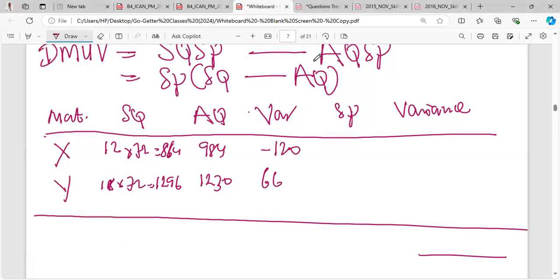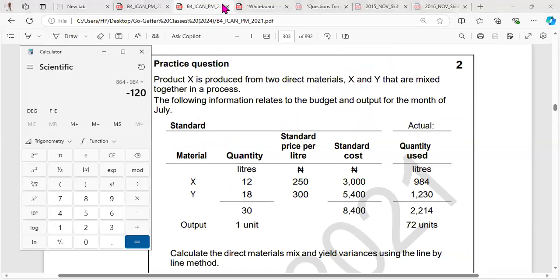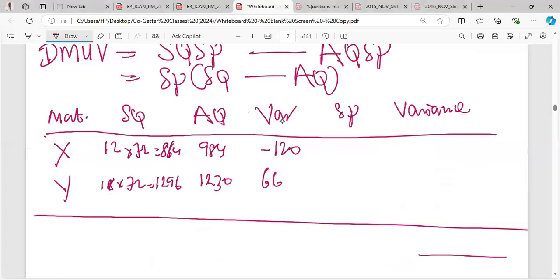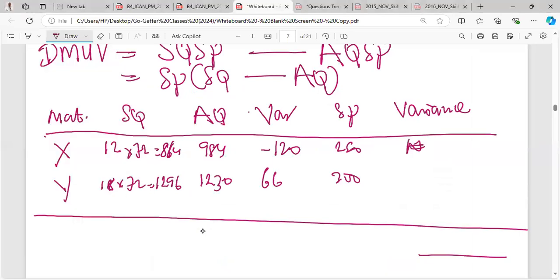What are their prices? Prices are 250 and 300. So I already have minus 120 times 250, which is 30,000 adverse.